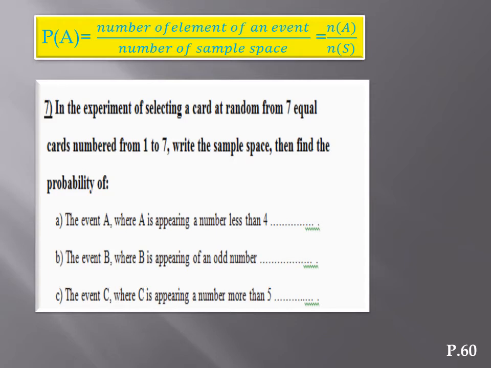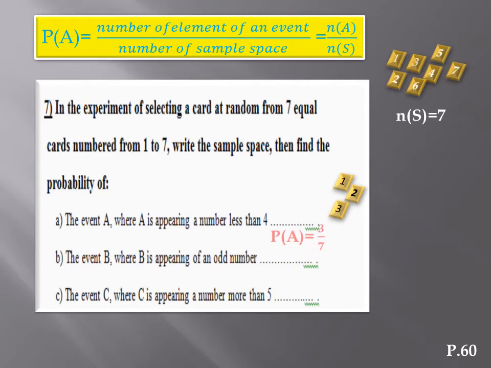At the beginning I need to find the number of the sample space. We have 7 cars. That means the number of the sample space will equal 7. To write the probability of A, where A is a number less than 4, I need the numbers less than 4. How many numbers are less than 4? 3 numbers. Then the probability of A equals 3 over 7.